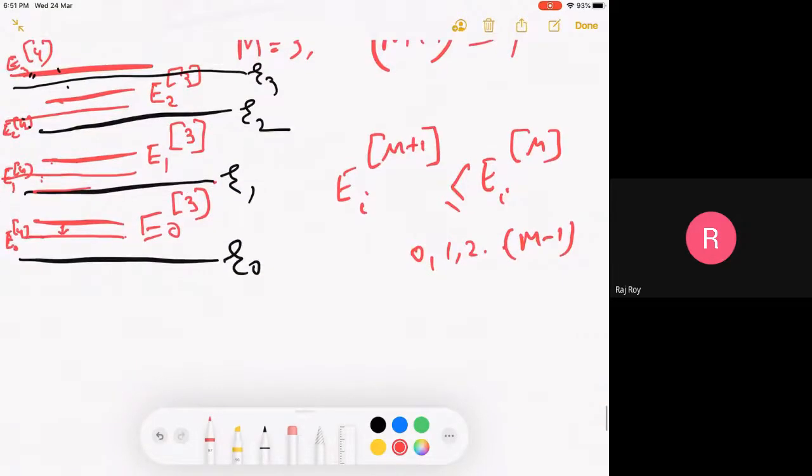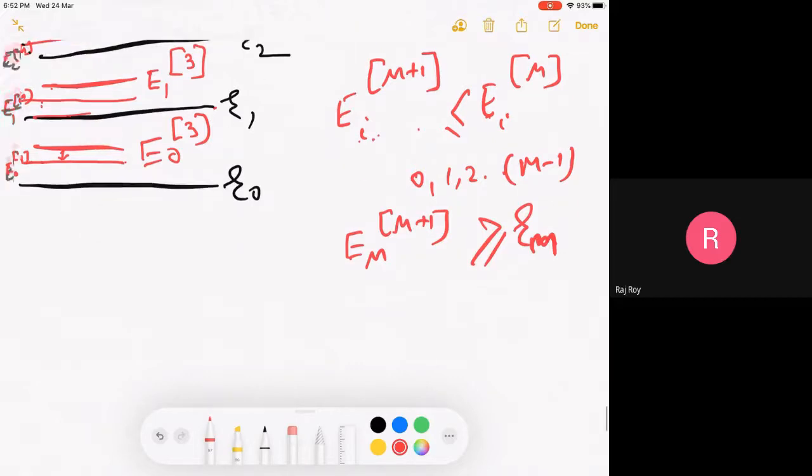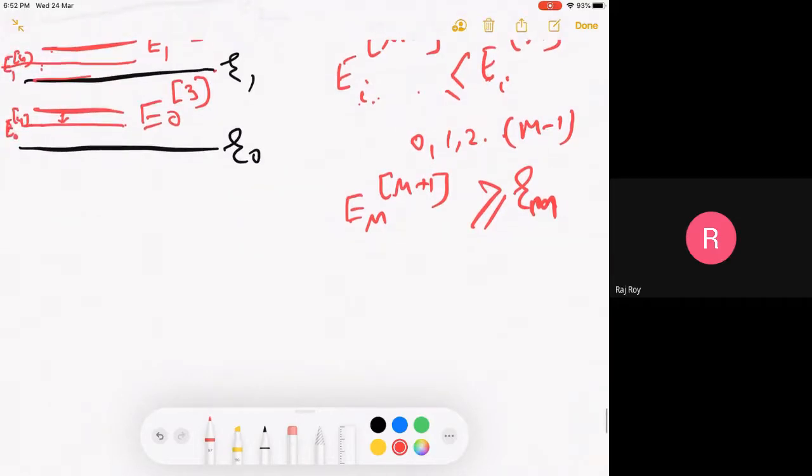And of course, there will be an additional E m plus 1, which will be greater than or equal to epsilon m because of the interleaving theorem. But since the interleaving theorem works, although they will be less, they will go down, they will never cross epsilon 1. So let's say E1 m plus 1 is less than or equal to E1 of m.